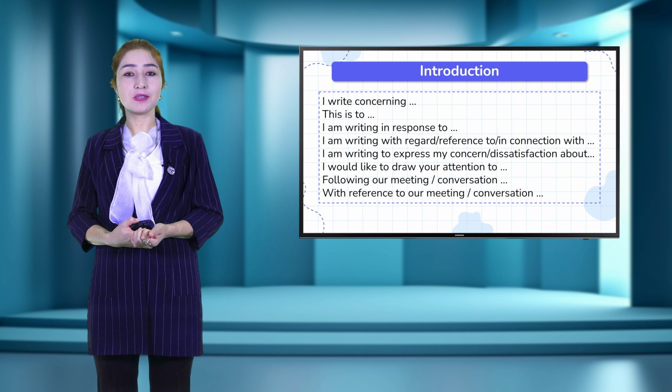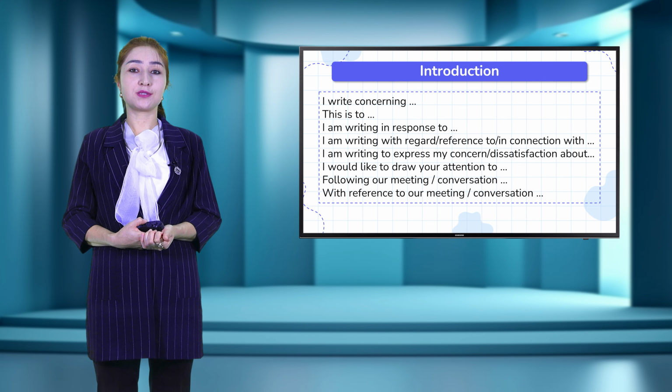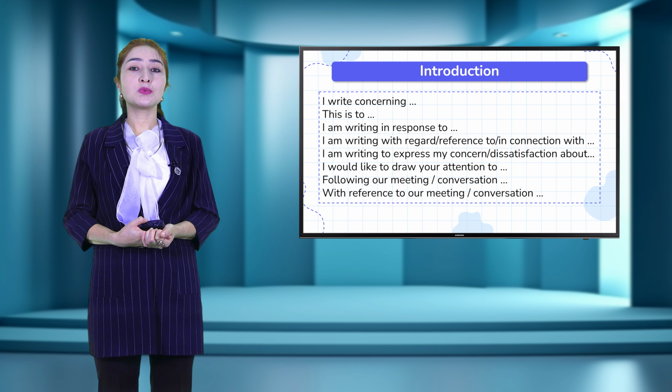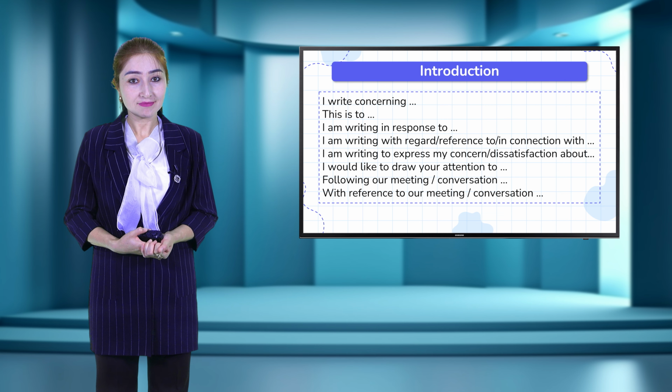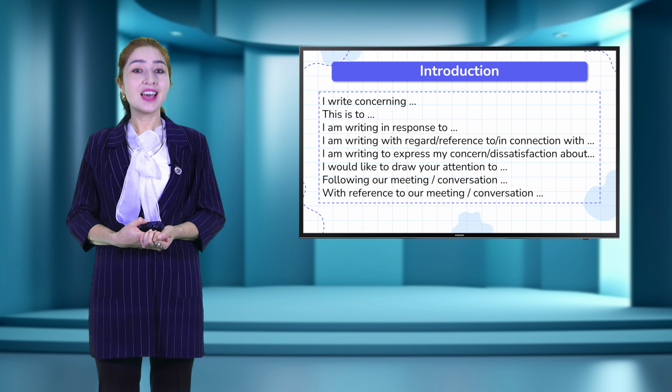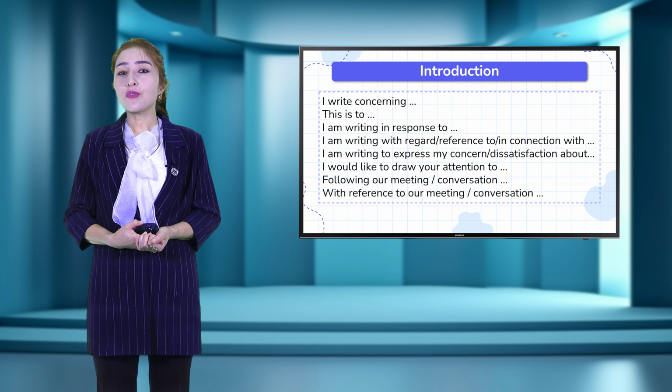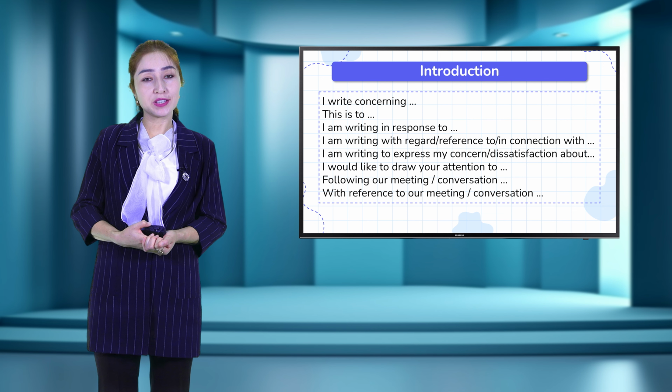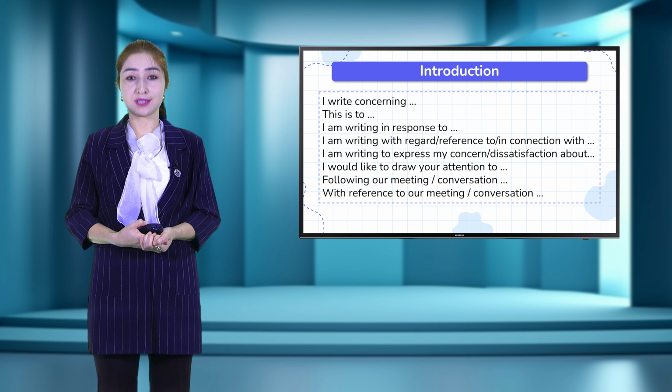For example: I am writing concerning, this is to, I'm writing in response to, I'm writing with regard to, or I'm writing with reference to, or I'm writing in connection with, I'm writing to express my concern, I'm writing to express my dissatisfaction about, I would like to draw your attention to something, or following our meeting or conversation, and so on.